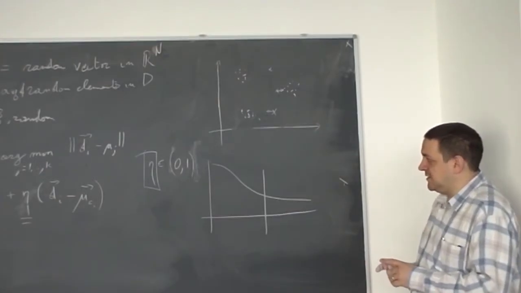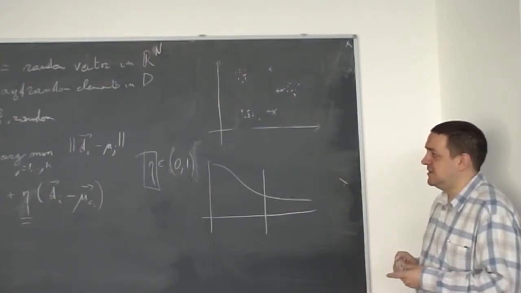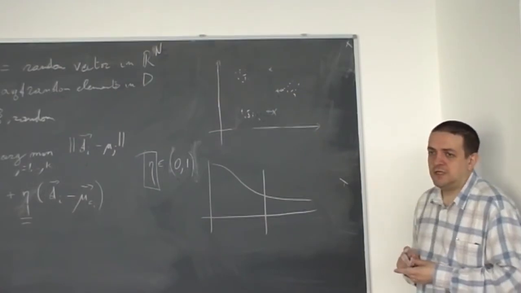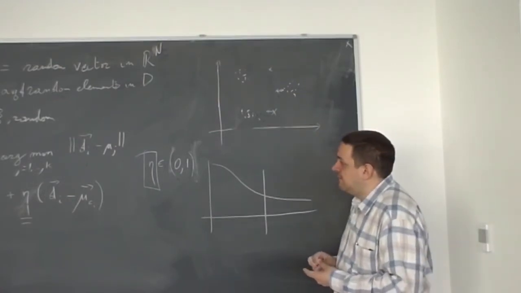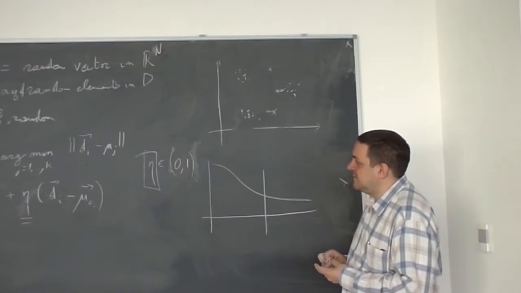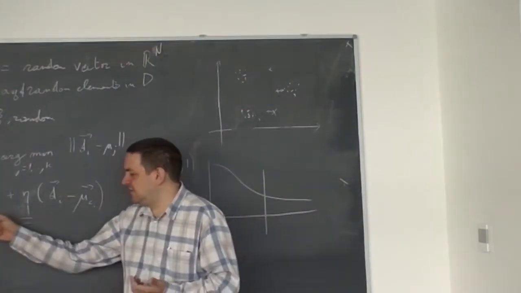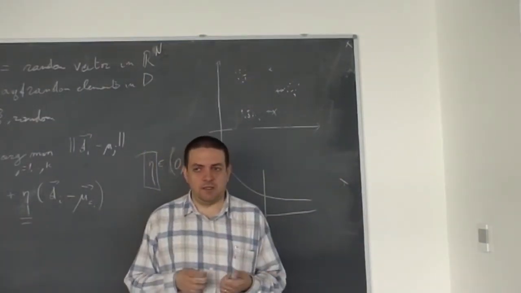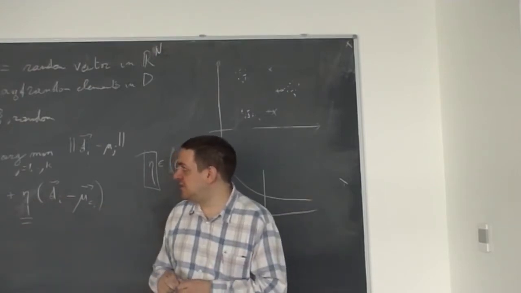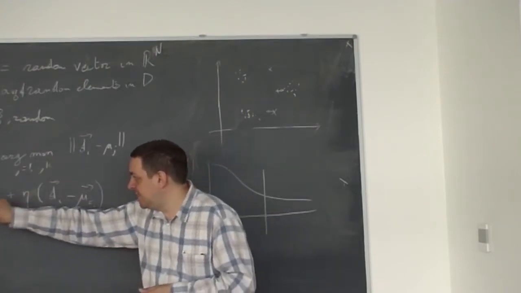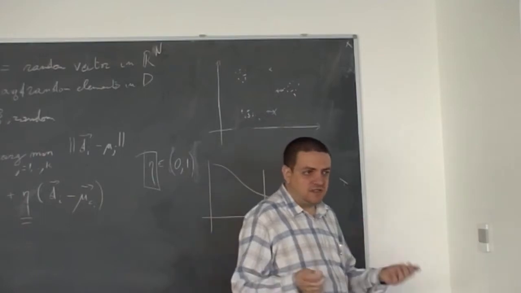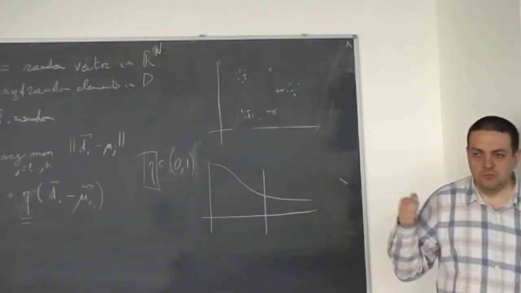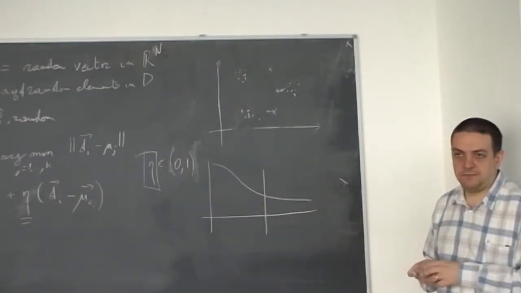The other problem is that the stopping criterion is difficult, because no matter how long you proceed with the algorithm, every representative will still be moved at every step.